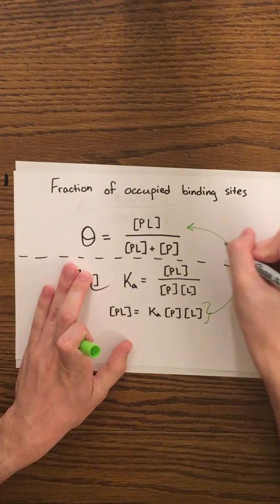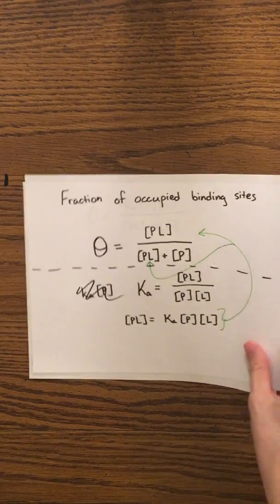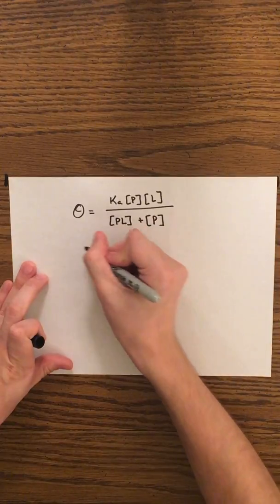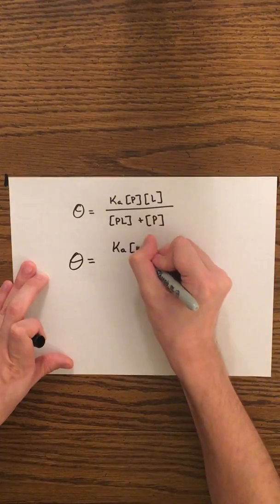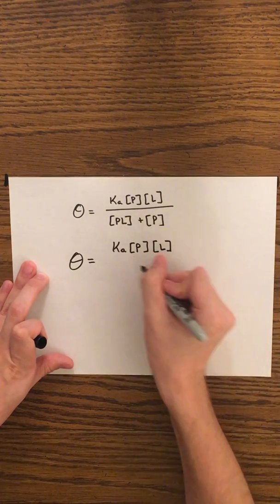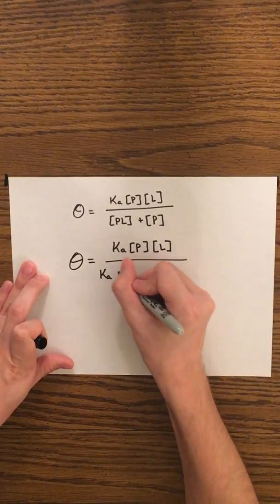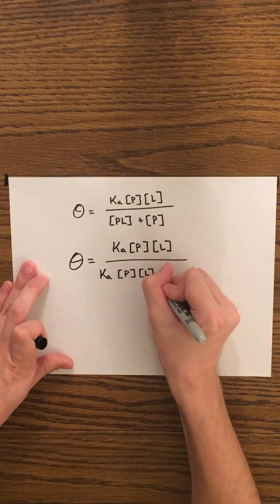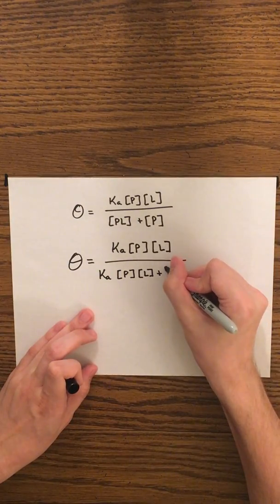We can also go in and change it right here, right? Pretty basic algebra. Nothing to get too intimidated by, so I'm going to rewrite that as Ka P L over Ka P L plus P.